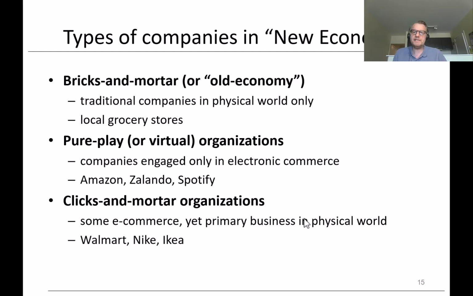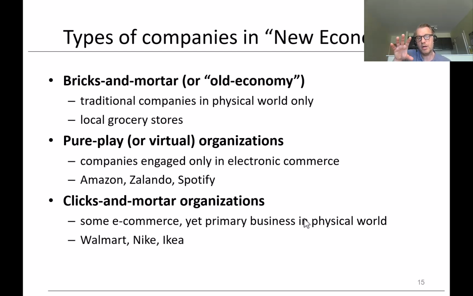Various types of companies can be distinguished in the so-called new economy, the internet or web-enabled economy. Bricks and mortar companies or old economy companies are only present in the physical world. An example of these are local grocery stores. Pure play or virtual organizations are companies that are only engaged in electronic commerce and that have no presence in the physical world.